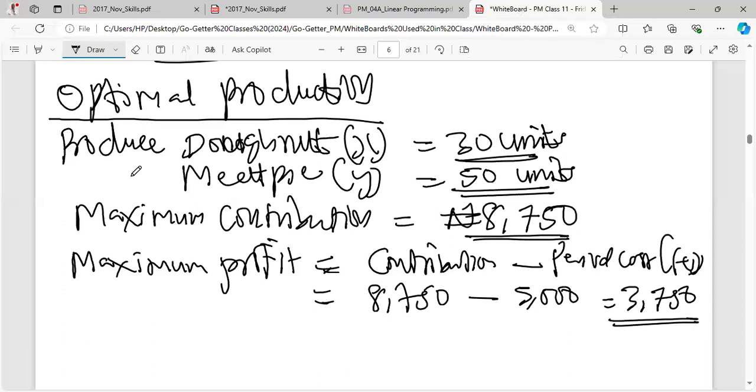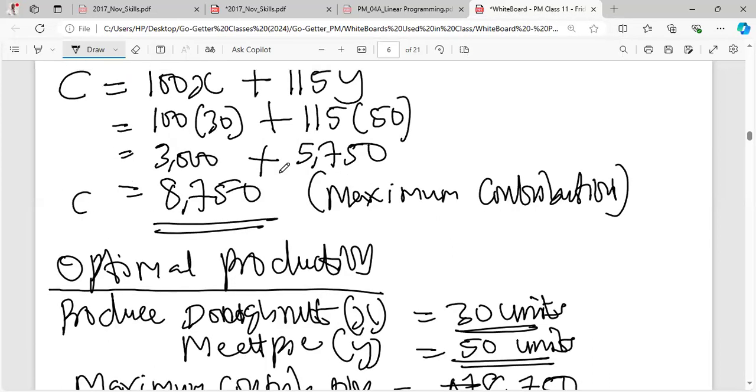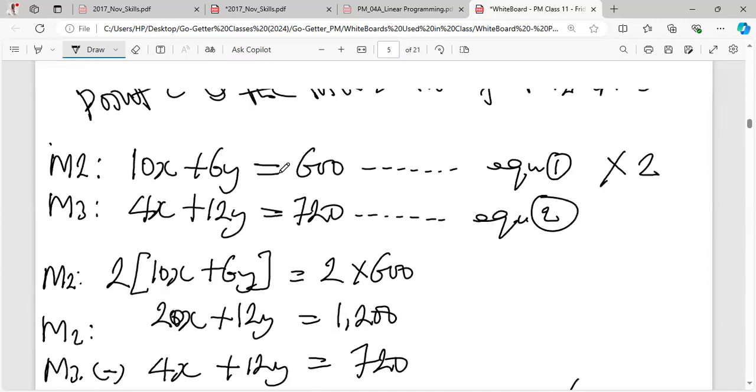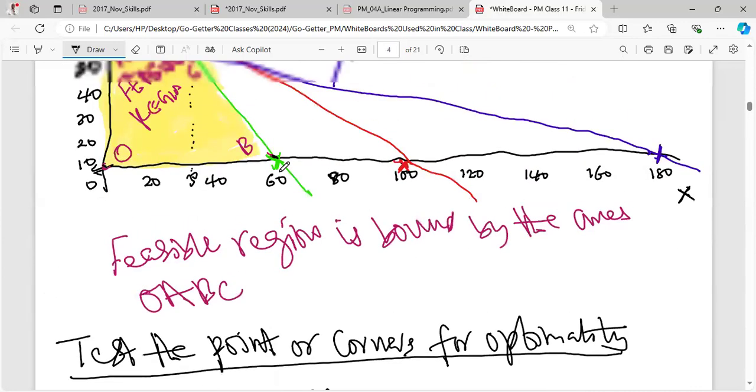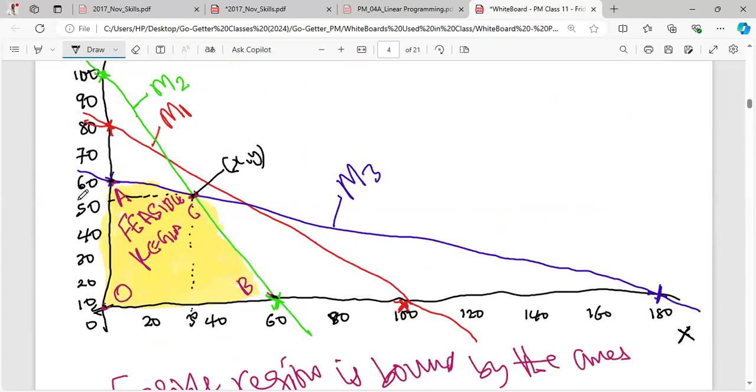The question can say, now, what this means is that you are going to utilize your M2 and your M3 to the maximum limit. But do you see that M1, you will still have some slack, because look at M1, there is a space between this line, there's a space somewhere here.